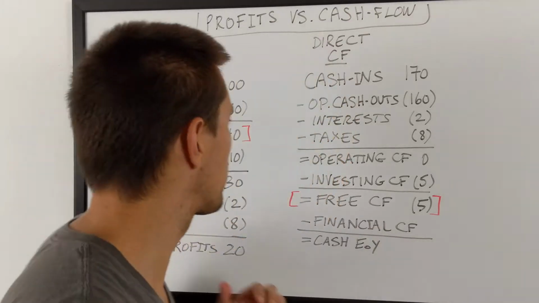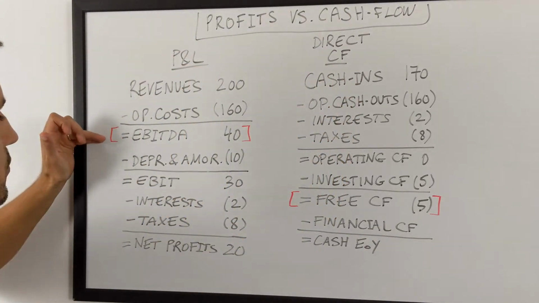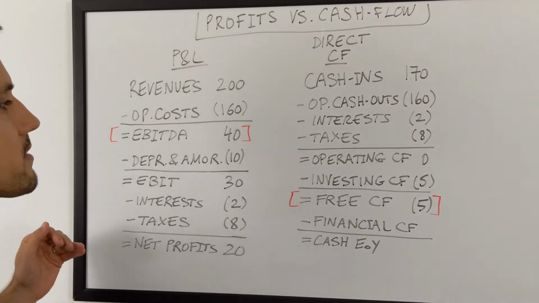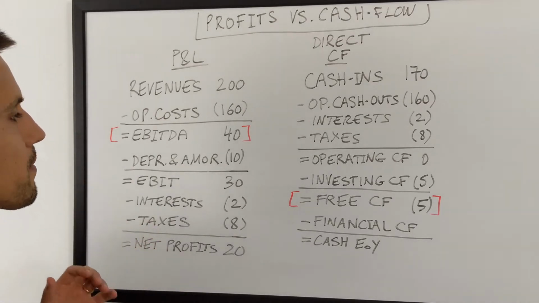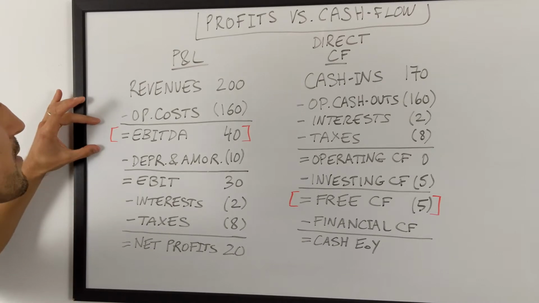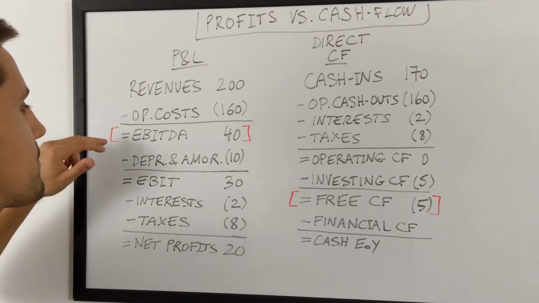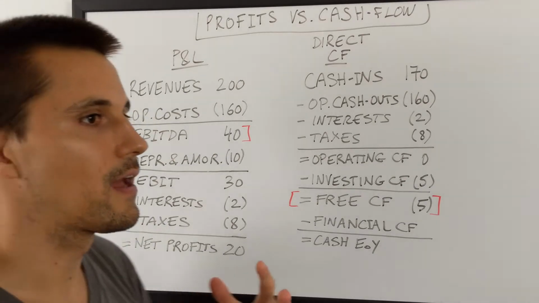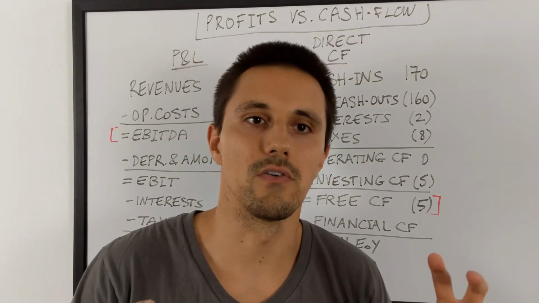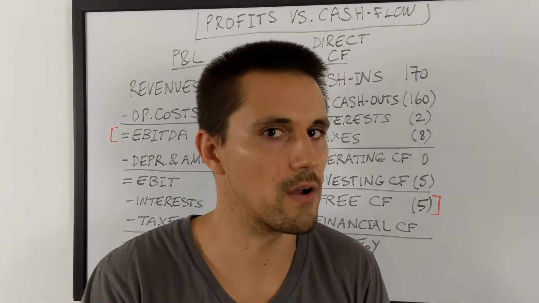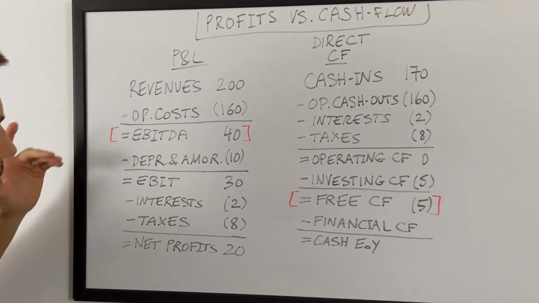As I just mentioned, in the P&L, there are three ways of measuring different kinds of profits. And the reason why a lot of people consider EBITDA the most interesting number to watch is because it has the least, let's call it, noise or pollution, accounting noise or accounting pollution. What do I mean by that? Let's think about it.